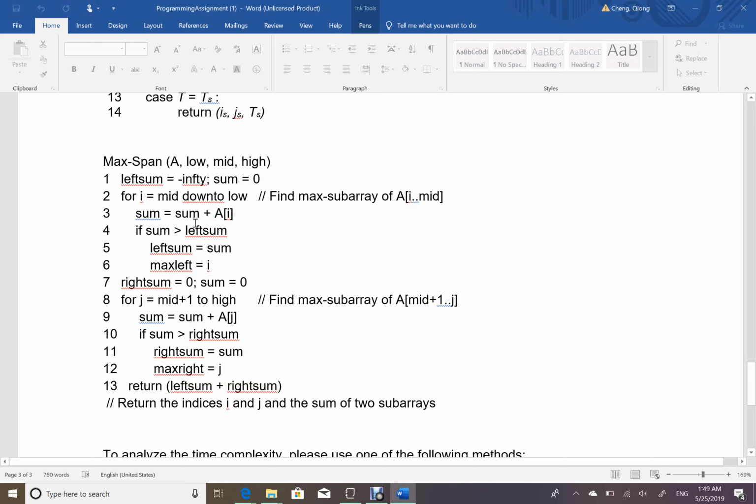And every time you aggregate the specific price difference, you want to make sure you find the maximum aggregated value. And on the right side, you do the same thing, right?